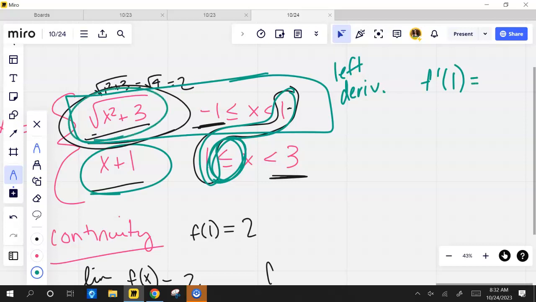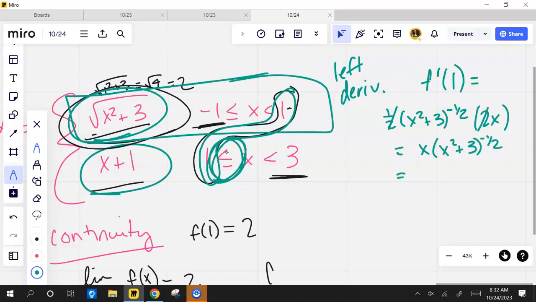So find the derivative of this first. 1/2 times (x squared plus 3) to the negative 1/2, and then chain it. So x times (x squared plus 3) to the negative 1/2. Now I'm just going to plug in 1 here. So 1 times 4 to the negative 1/2.